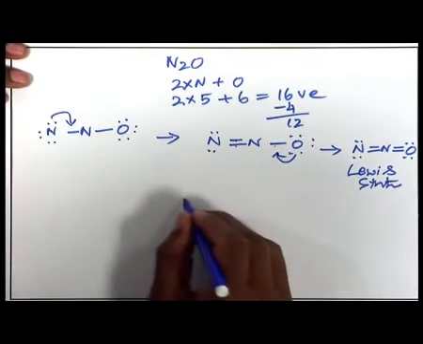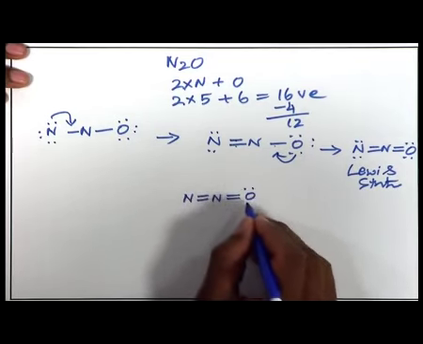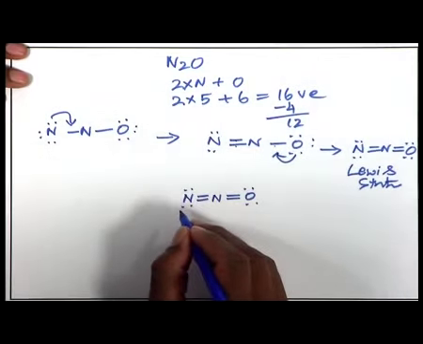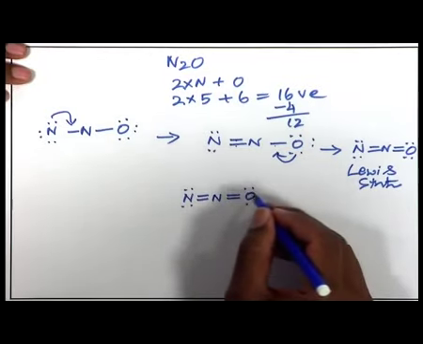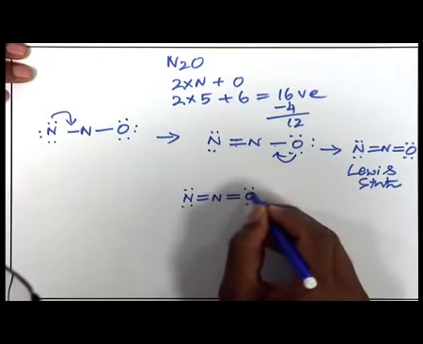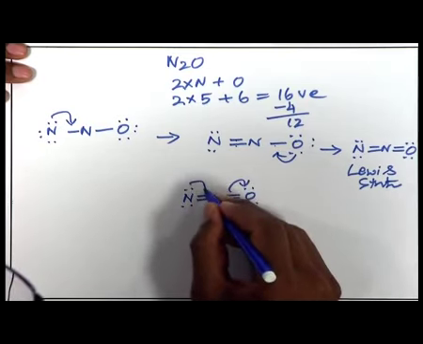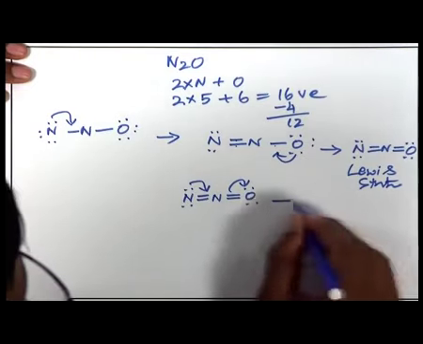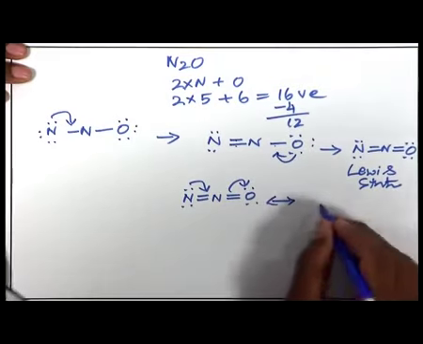Let us write this N here, like this. Now, you can also pull electrons towards this oxygen atom. So, you pull electrons here, and then this here, then you can write this structure like this, which I am going to call a resonance structure.